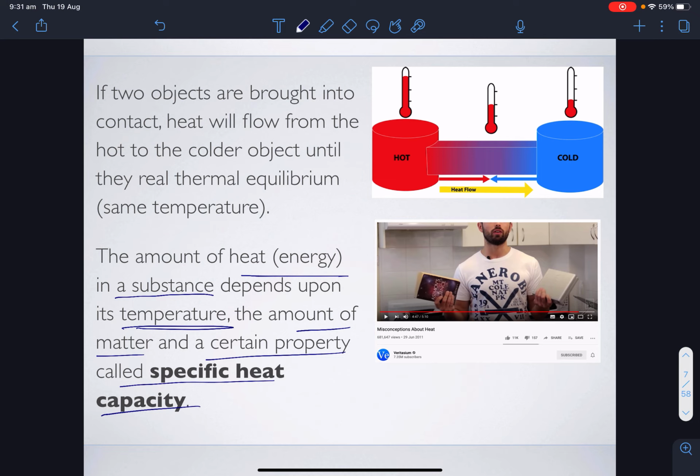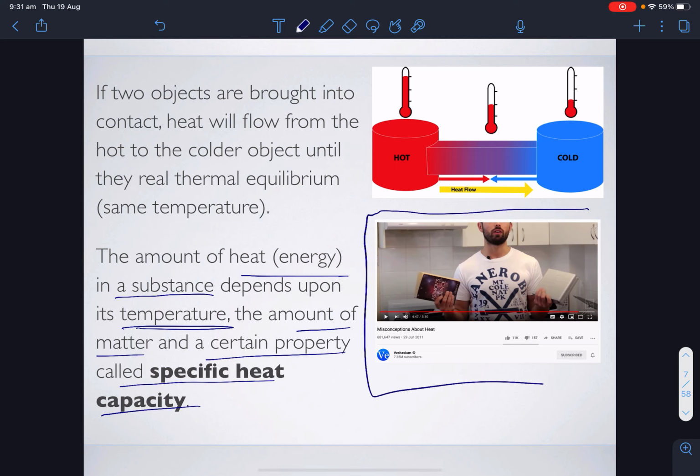So it depends on how much stuff is there. So heat energy, how much stuff is there, and another property called a specific heat capacity, which each different material in the universe has a different specific heat capacity.